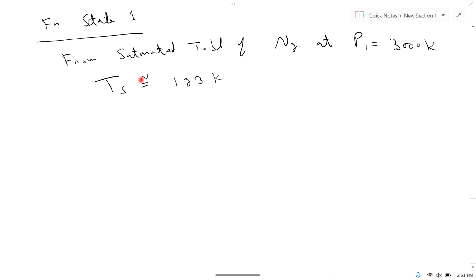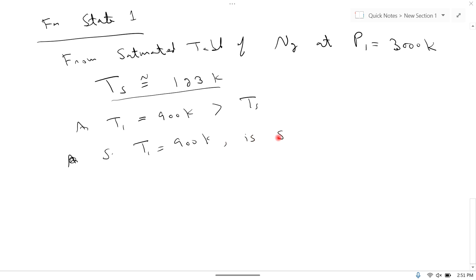But the temperature T1 given to us is 900 Kelvin, which is very much greater than Ts. It means that T1 equal to 900 Kelvin is a superheated temperature.